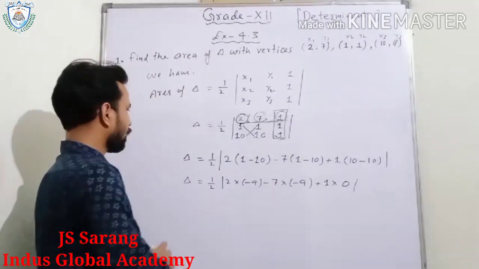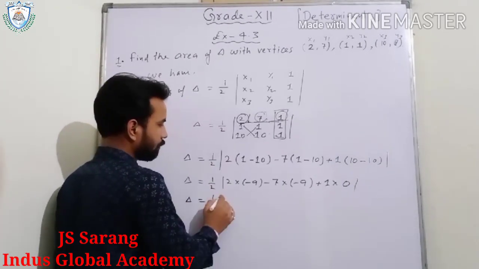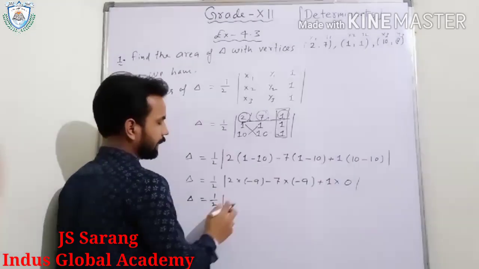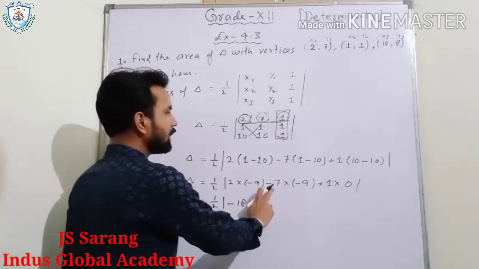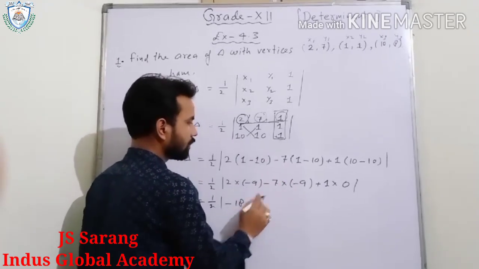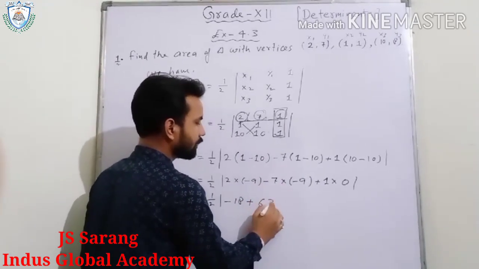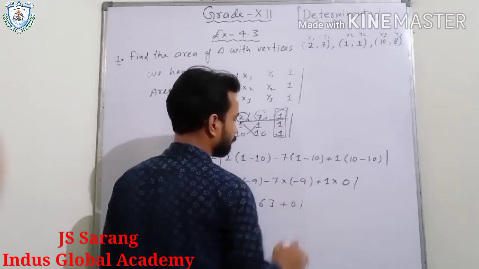Understood? Now see, delta equals 1 by 2 mod of 2 into minus 9, that is minus 18, minus 7 into minus 9. So minus into minus is plus, 7 nines are 63. Plus 1 into 0 gives you 0.